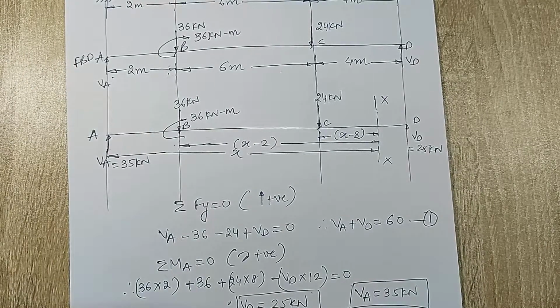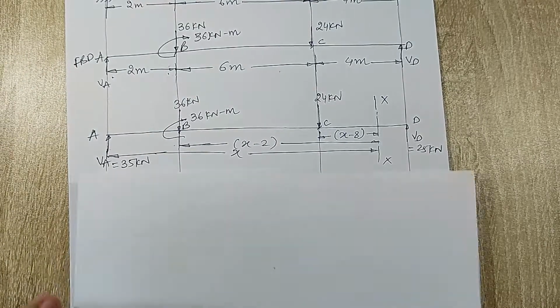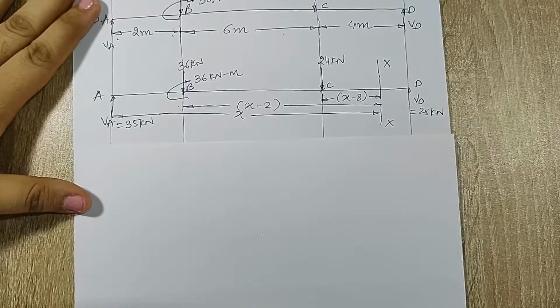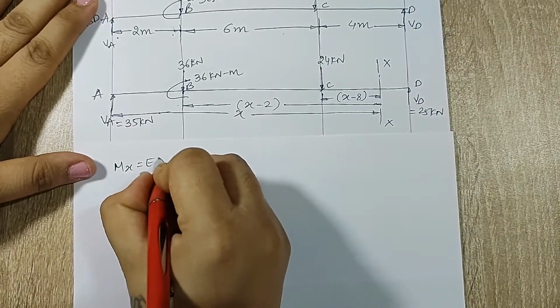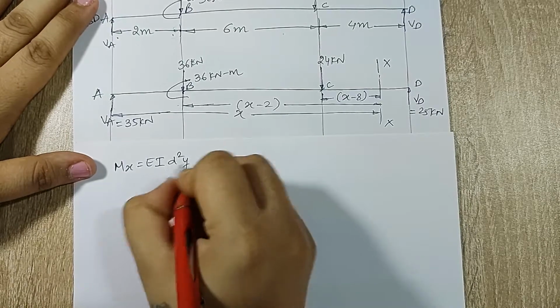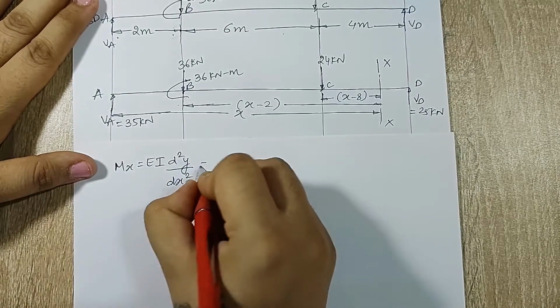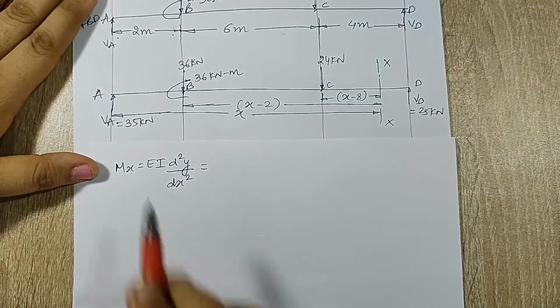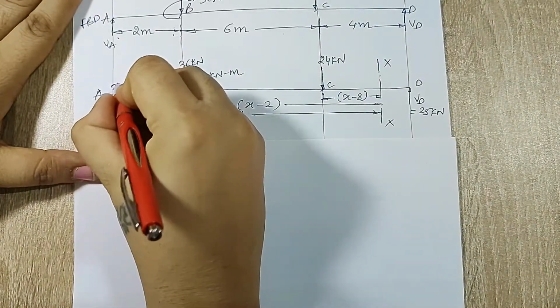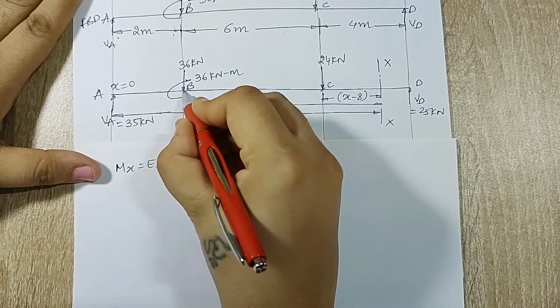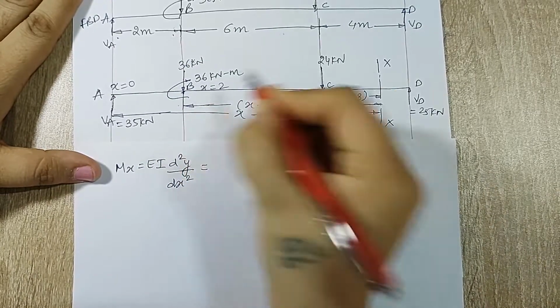Next, I am going to write the equation of the moment curvature relationship. I know Mx is equal to EI d square y by dx square. Now I'll have all these forces turning about the slider. I'll write the distances. Here x is equal to 0. At B my x value is 2.